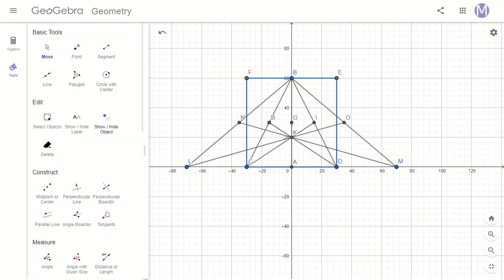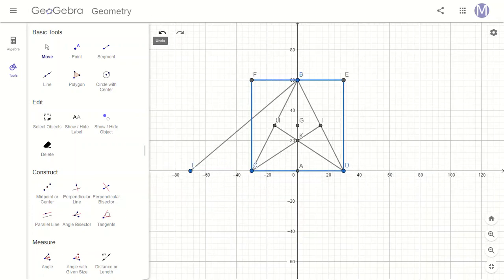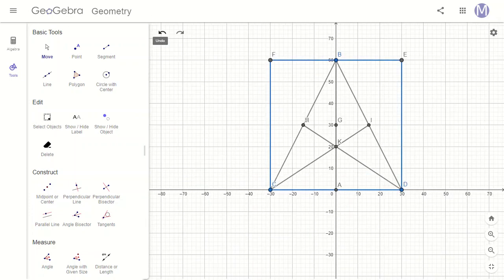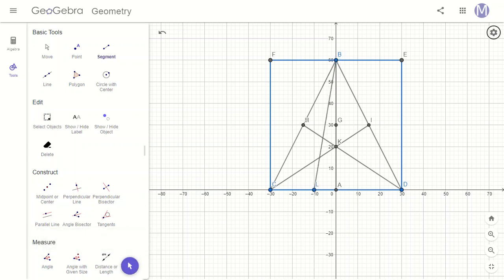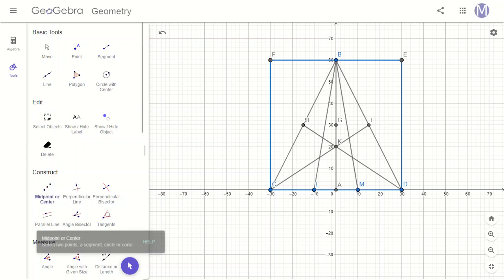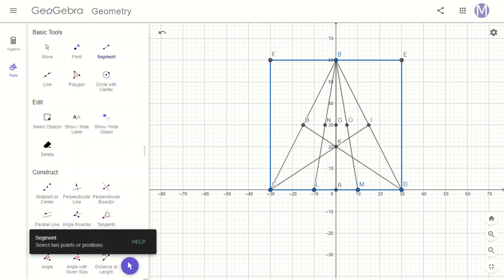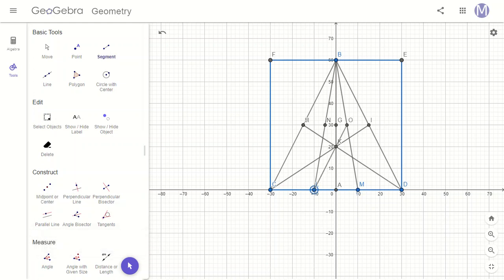Let's make a smaller triangle now just to see if it holds. We're going to make one that is smaller, to the 10. Same thing. I'm going to find the midpoint of that line, and draw my line segments from the corner of the triangle to the midpoint.